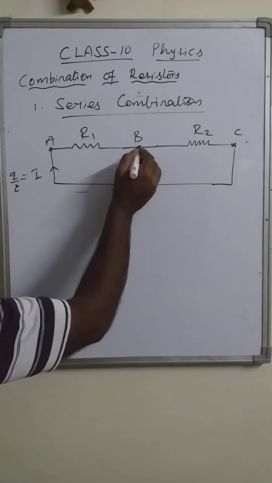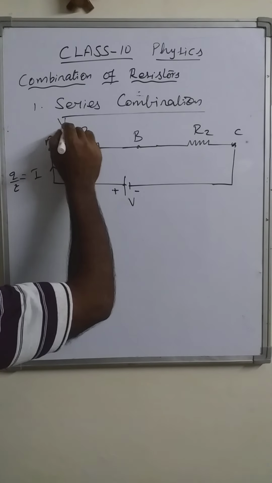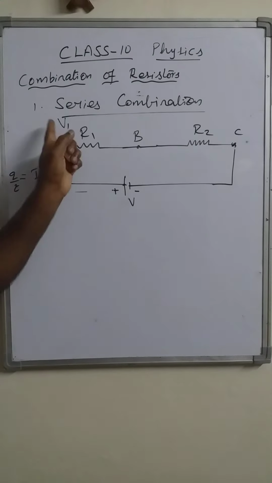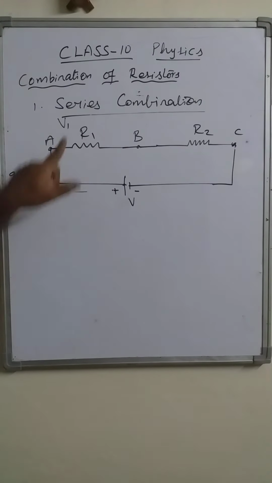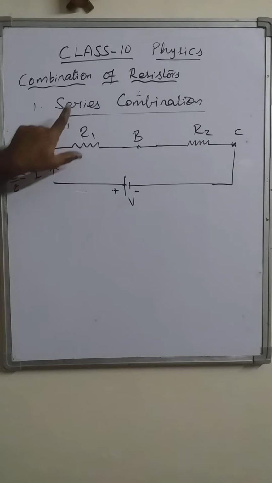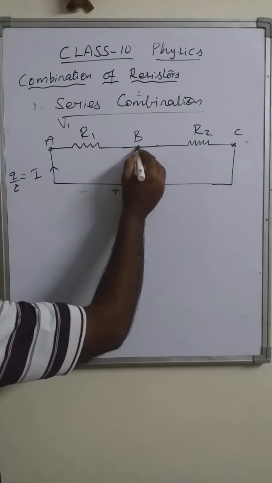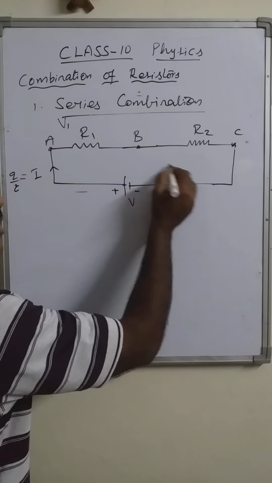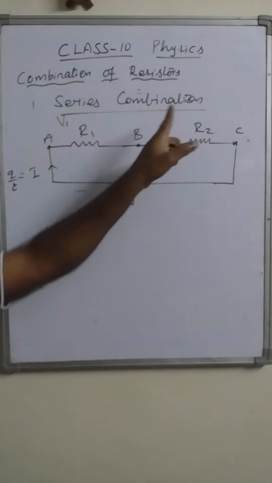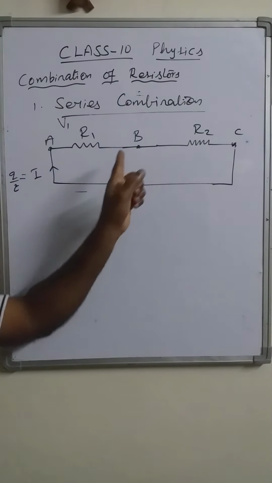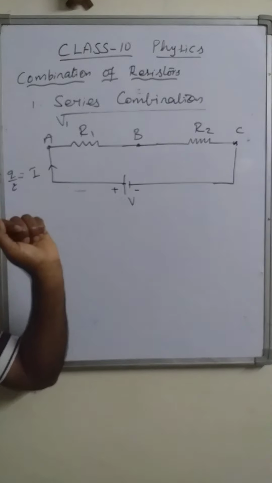So across these two terminals, to move the charge from A to B, let us take the potential difference as V1, because potential difference is W upon Q, work done per unit charge. So W1 upon Q is V1. After reaching point B, again the charges have to move from B to C. For this also work is required, and that work is again done by this cell, because this is the only source connected across it.